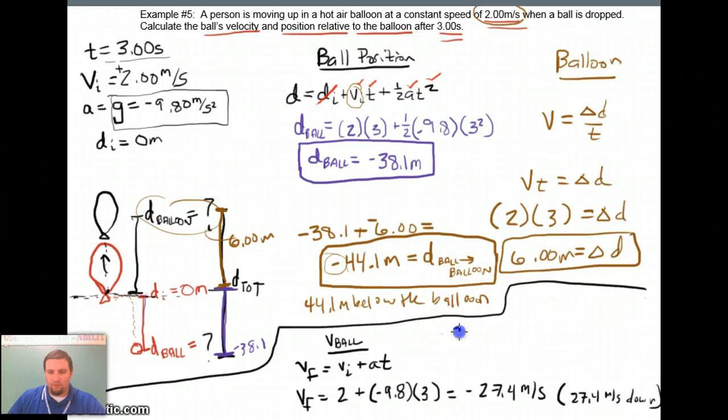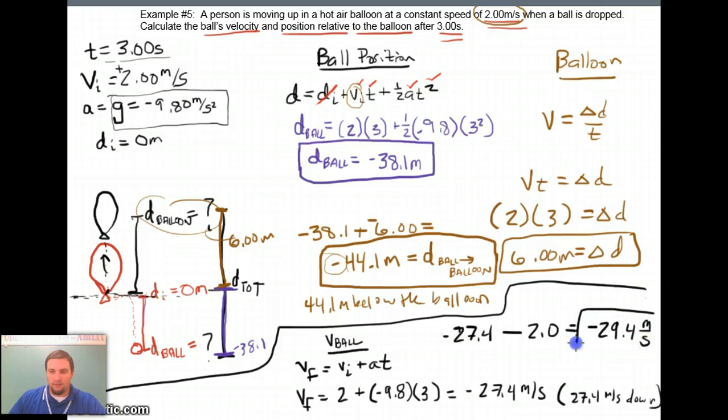So we got negative 27.4 minus the balloon's moving up at 2 meters every second. Okay, and that will equal a total of negative 29.4 meters every second.